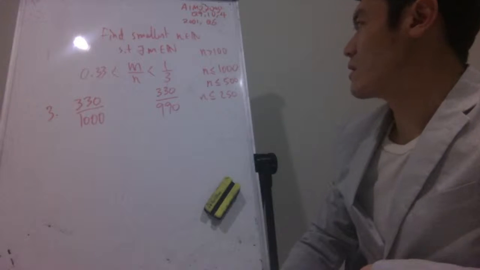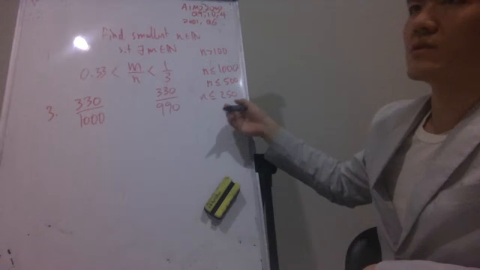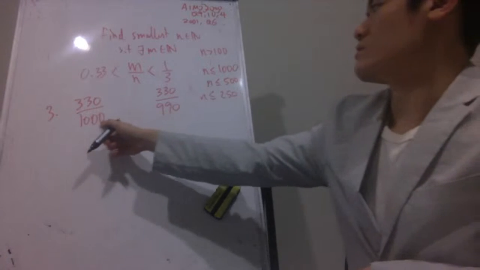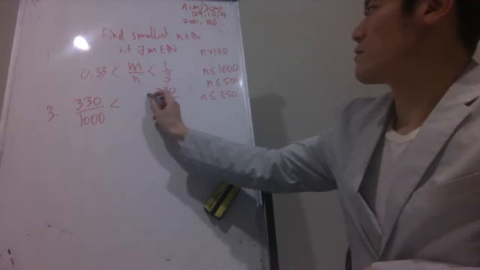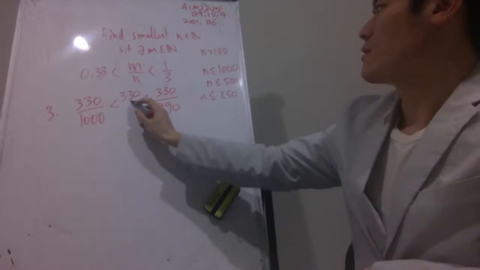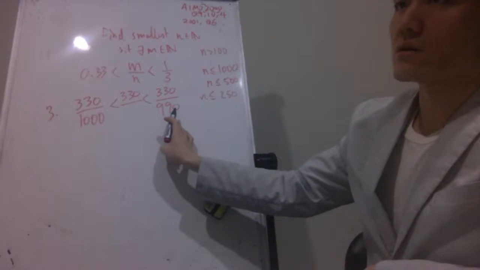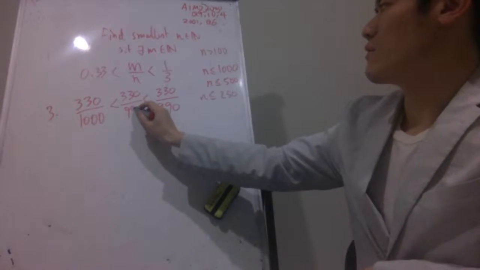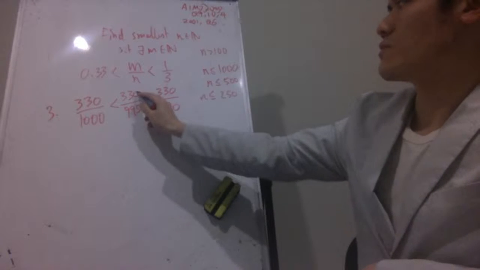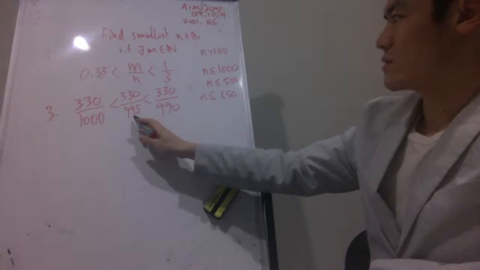So my idea was if I could divide it by 5, I would automatically get it less than 250, right? And these are all divisible by 5. So I was thinking, well, how do you make it this middle number? Maybe I could keep this 330, and I would just need any number between 1,000 and 990 and it would work. So I picked 995 because it's divisible by 5, okay? And can you see that this is true, right?